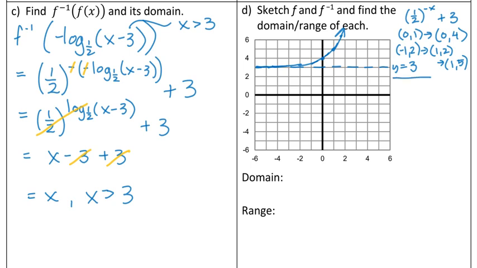For the log, let's switch colors again, we have negative log base 1/2 of x minus 3. So that is flipped over the x-axis and shifted right 3. If we think about this one, it starts with a vertical asymptote at x equals 0 and points at 1, 0.